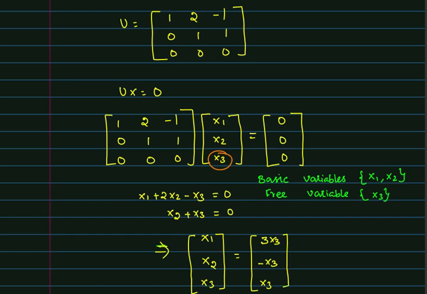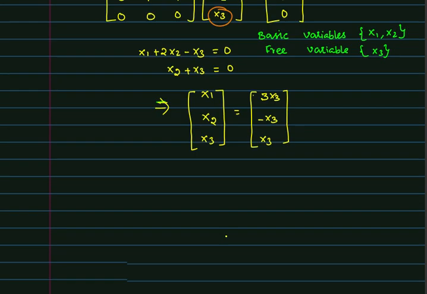Correct? Because from this equation I get this, since x2 is minus x3. So minus 2x3 minus x3 is minus 3x3. So x1 is minus 3x3.